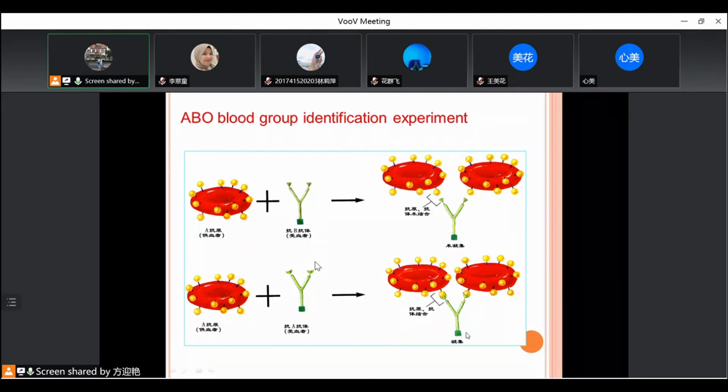This leads to more red blood cell agglutination.